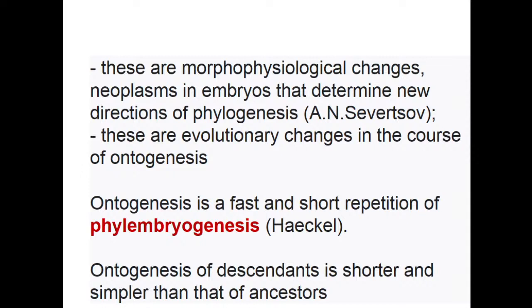This is a morphological change, a neoplasm in embryos that determines a new direction of phylogenesis. These are evolutionary changes in the course of ontogenesis.